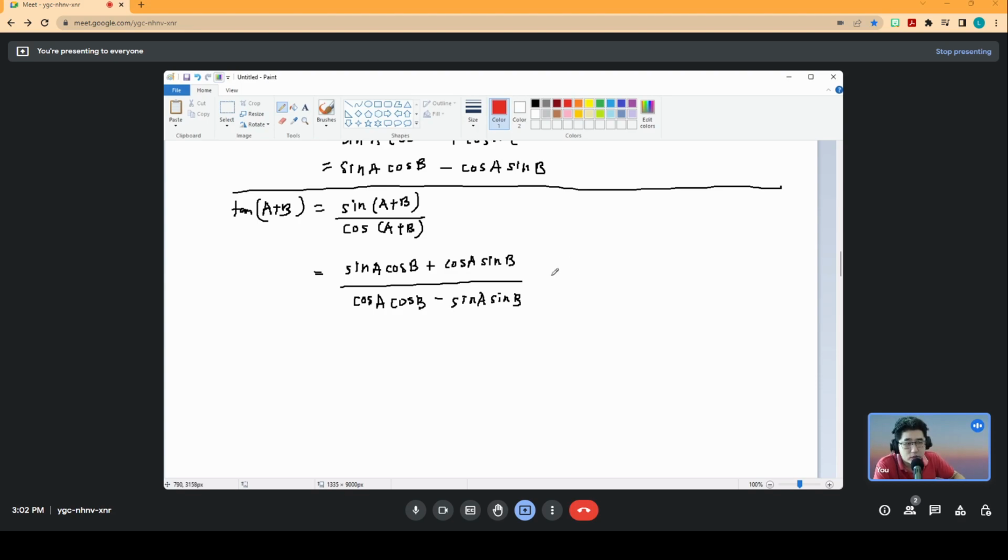In order to get tangent, I need sine over cos. Therefore, the top I will divide by cos A cos B, and the bottom I will also divide by cos A cos B.